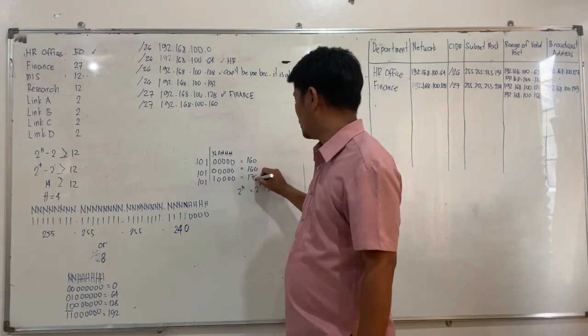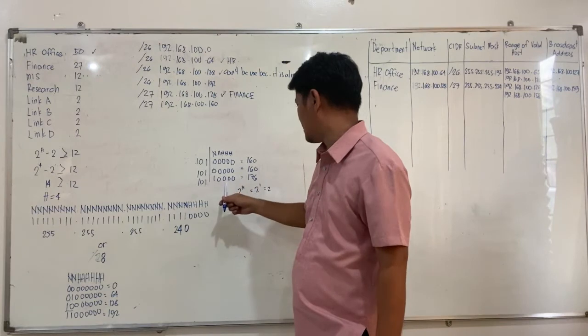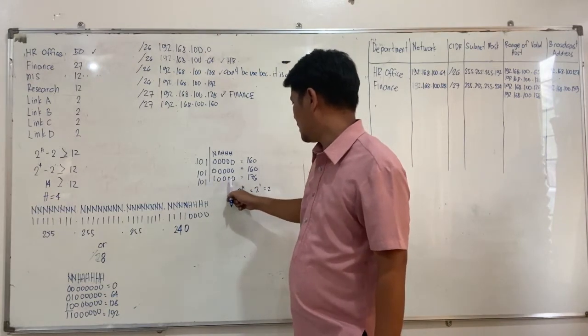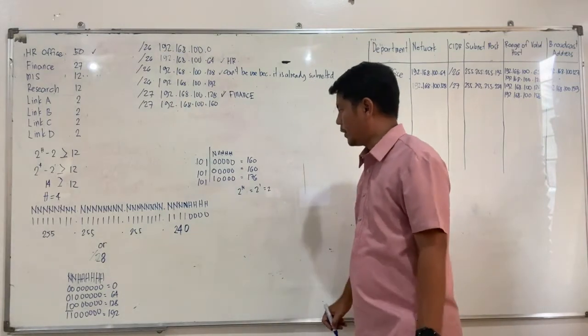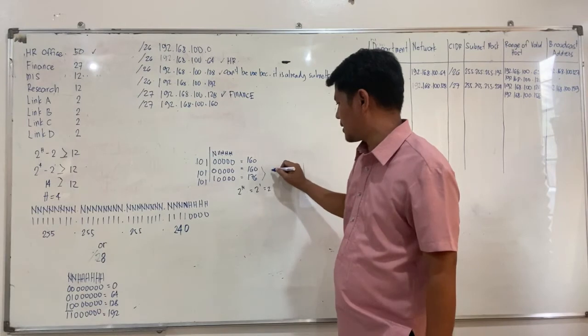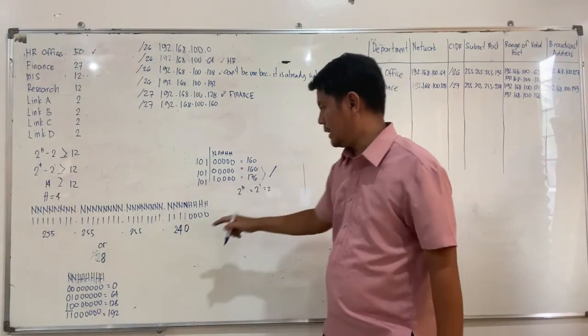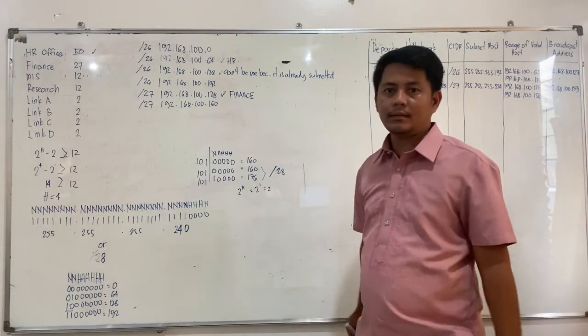And this is equivalent to 176, because 160 plus 1, 2, 4, 8, 16 is 176. Okay? So these two subnetworks are already our /28.